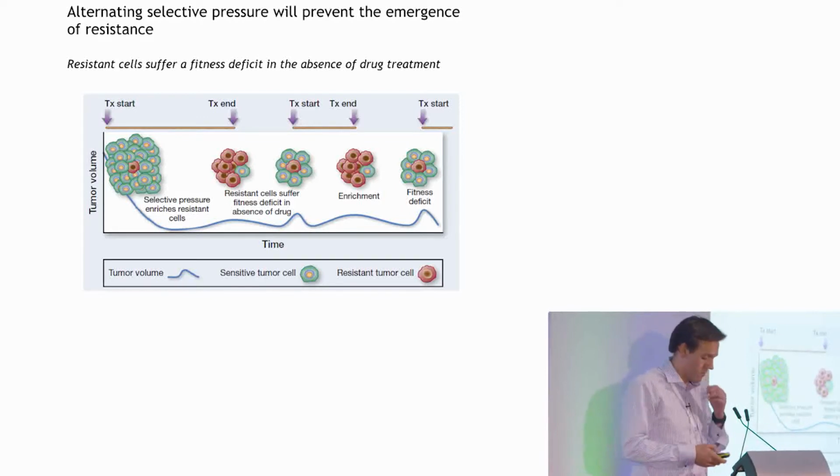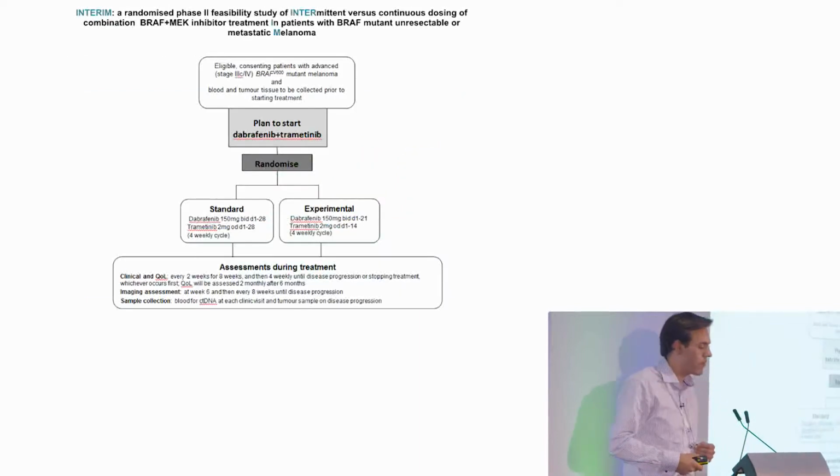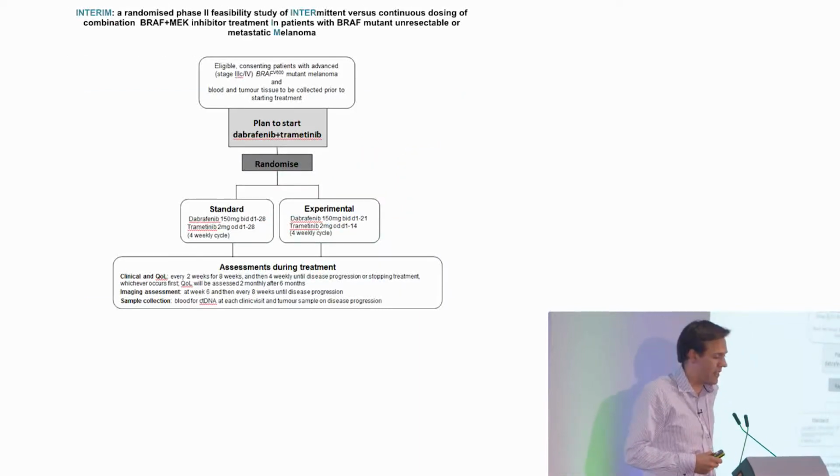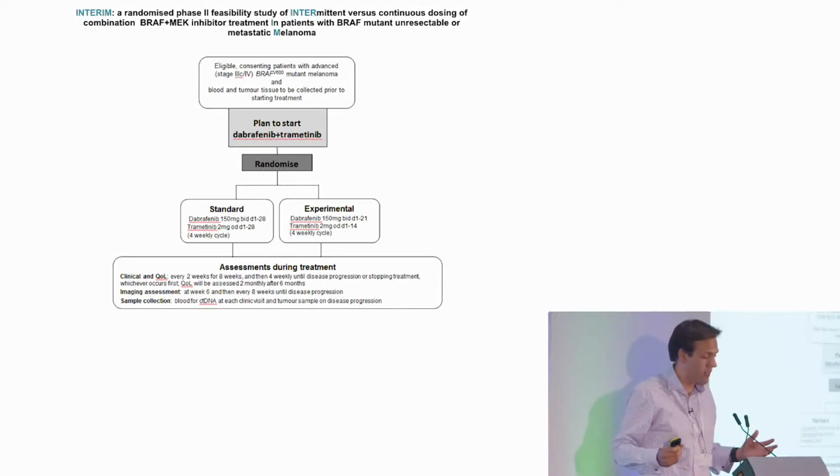And that's what is shown here. Now, of course, this needs to be shown clinically, and the Interim trial mentioned here is answering that particular question. So patients in this trial will either take dabrafenib and trametinib continually, as per the standard of care, or intermittently, and we'll see what happens.